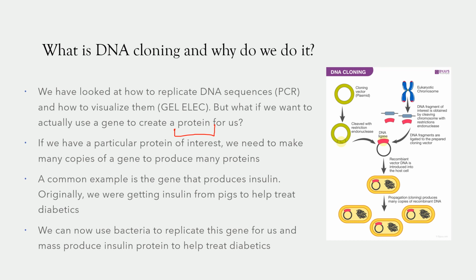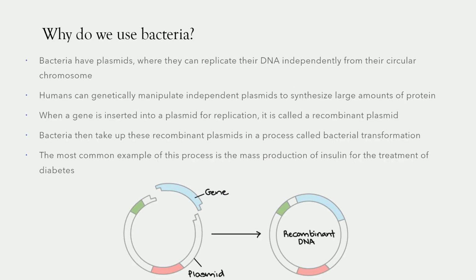Diabetes is a condition in which you can't produce your own insulin. We were getting it from pigs, and hopefully you recognize the ethical problems with that, and the poor piggies. So we developed technology to make this process better. We can now use bacteria to replicate this gene for us, and we can mass produce insulin protein to help treat diabetics, which is really cool.